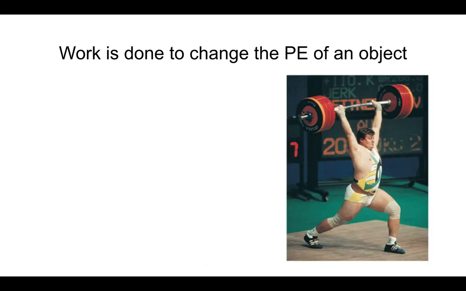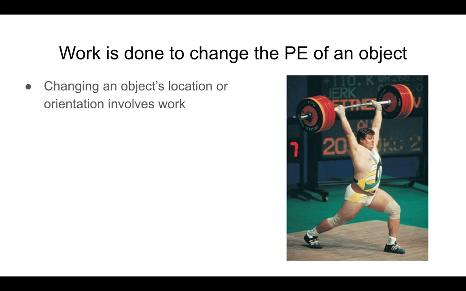Like I said, we can also do work on an object in order to change the potential energy of the object. If we change the object's location or orientation, that's also going to involve work. Here, this weightlifter is increasing the potential energy of the barbell because he is lifting it up.